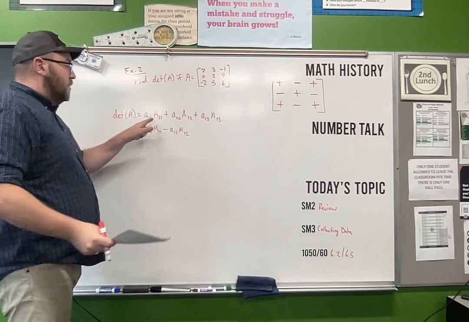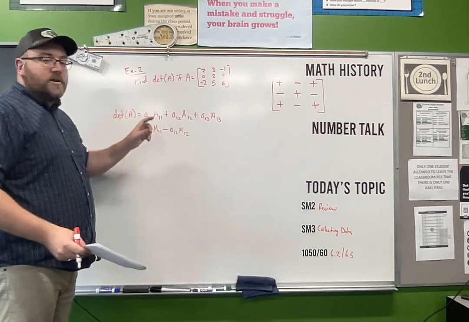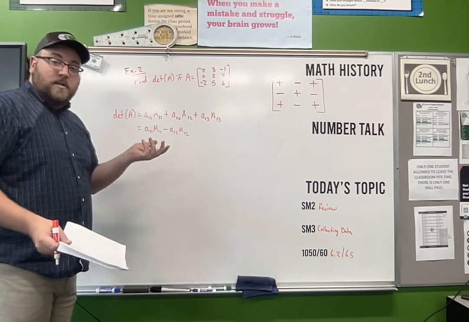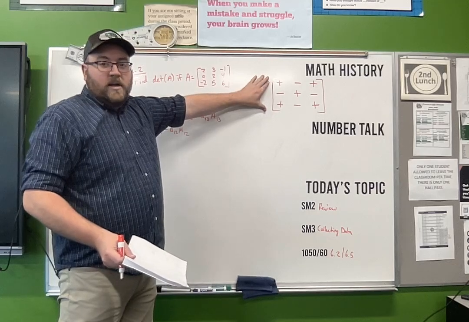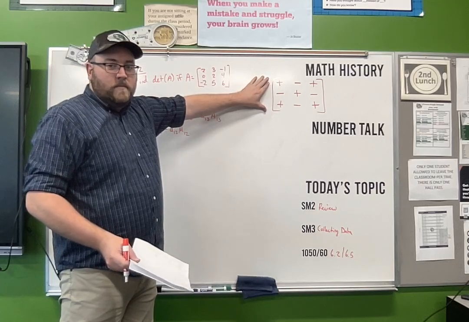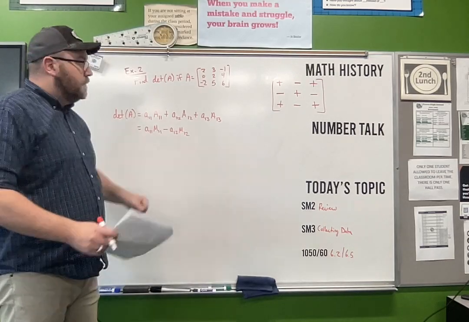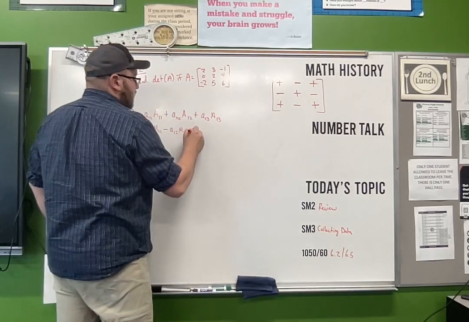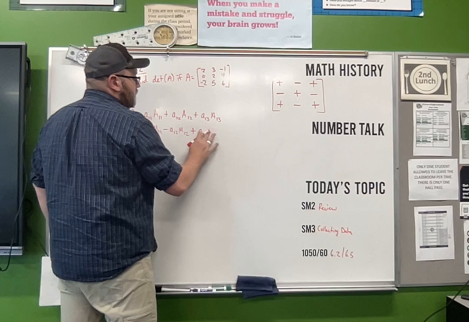Remember, the only thing different between a minor and a cofactor is the cofactor has that -1 to the i plus j power. That is taken care of here. It just tells me when to switch signs. So if I switch the signs, then I can use the minors. And this a13 is positive, so it's going to stay positive, and then we have the minor.